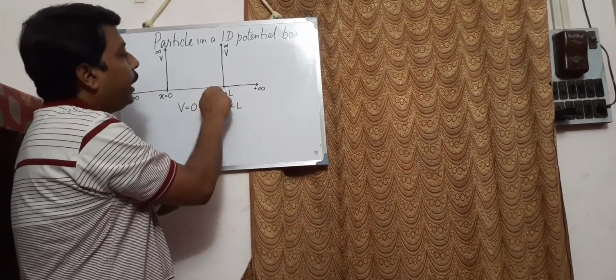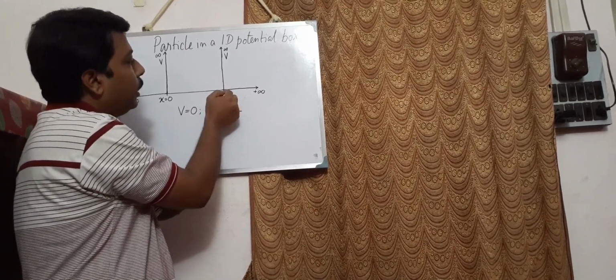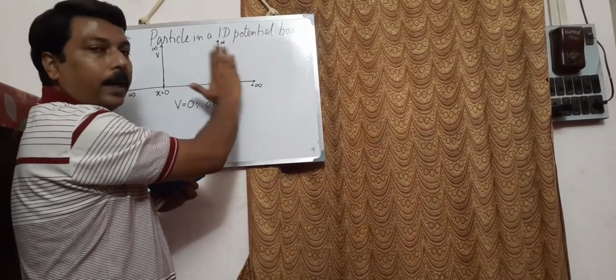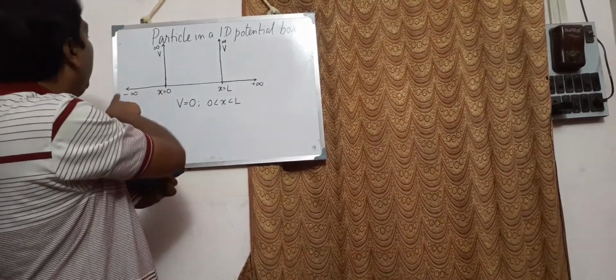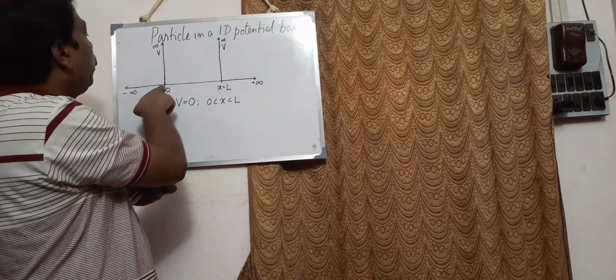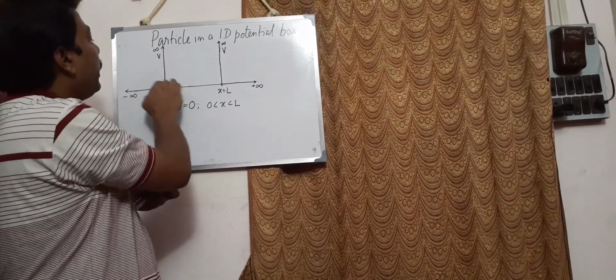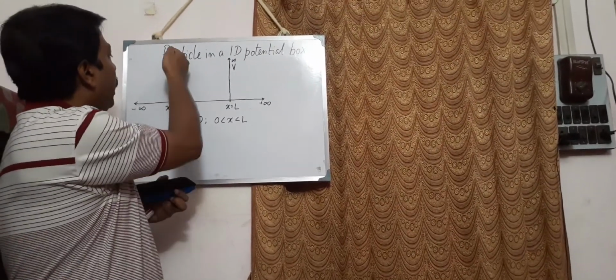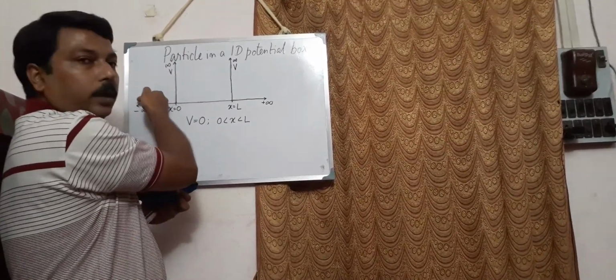So the particle can never exist between x equal to L and plus infinity. Similarly, from minus infinity to 0, the particle can never exist because the particle cannot break through this wall at x equal to 0 and go to the other side.